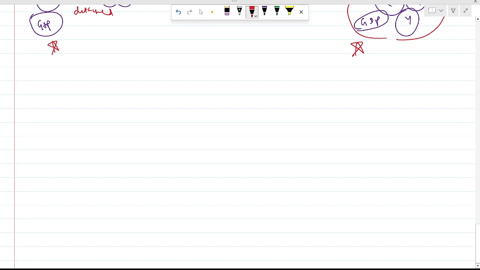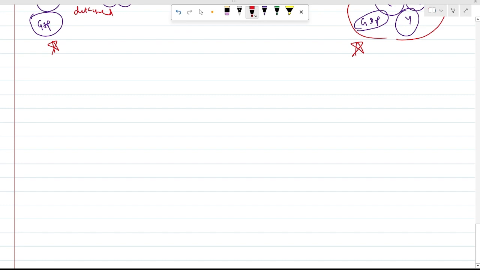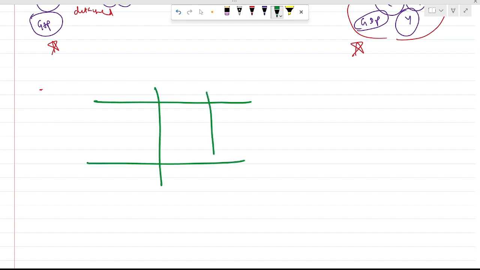Now we are going to see how this GPCR actually conveys the message. So we have this membrane. Suppose this is the G protein coupled receptor across the membrane, an example of a transmembrane protein, as we have seen before.